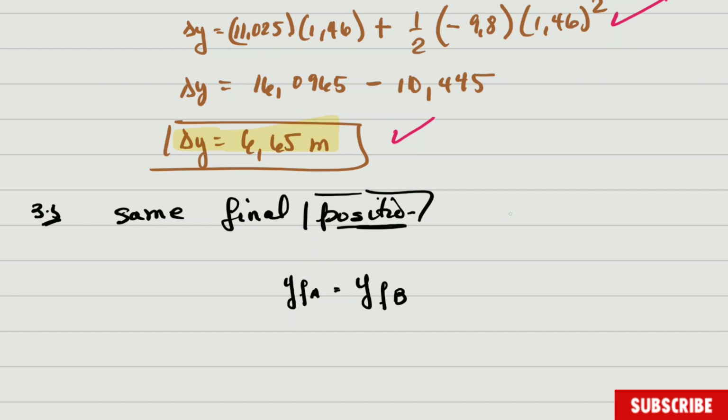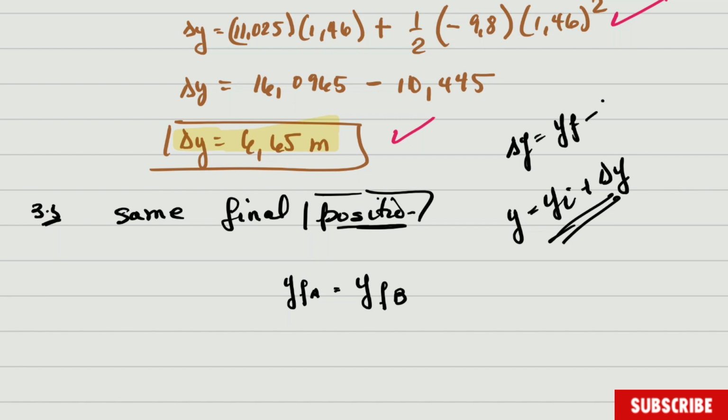Now, how do we calculate position? Well, position is equal to initial position plus the displacement. Where is this coming from? Displacement is equal to the change in position, final minus initial, and then I rearrange there for the final position.